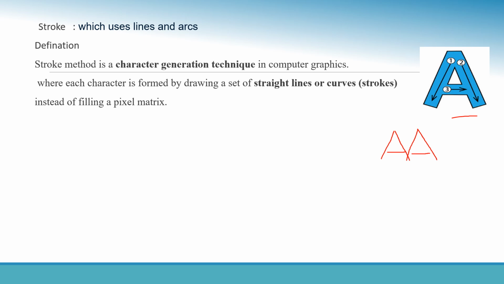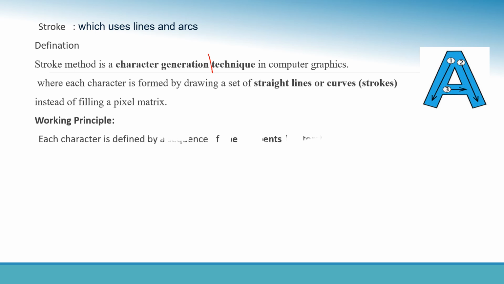In bitmap we were using a grid of pixels, but here we are using strokes. So the stroke method uses line segments to display a character.